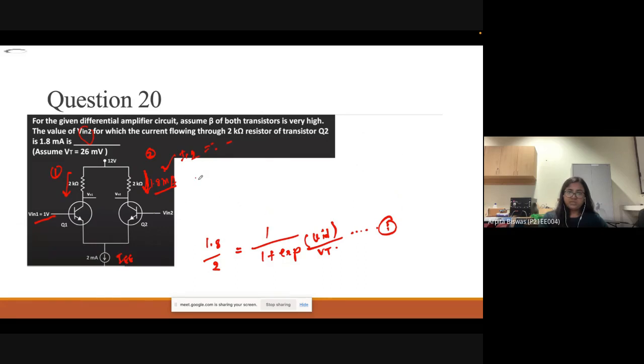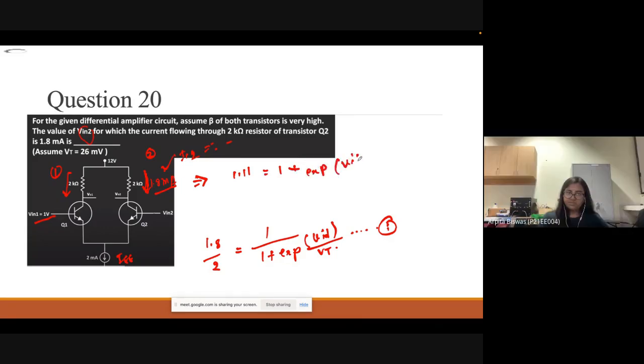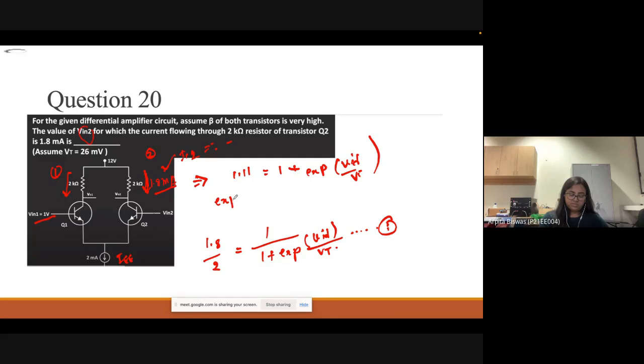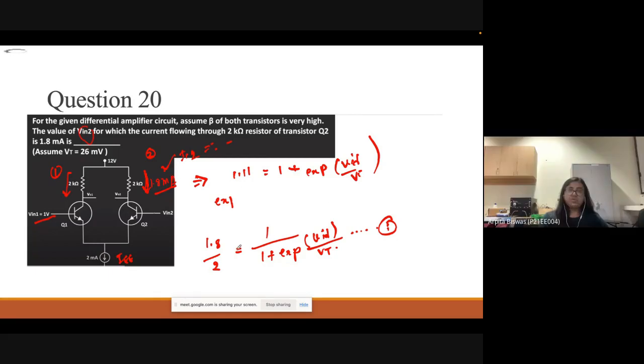From there, now can we write 1.11 equal to 1 plus exponential VID by VT? Yes. Not 1.8 by 2.